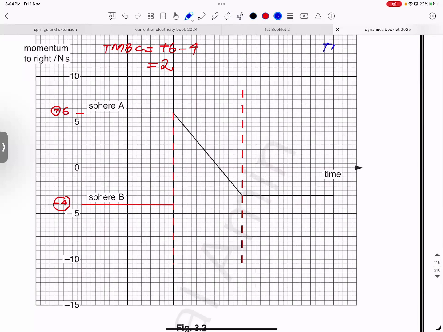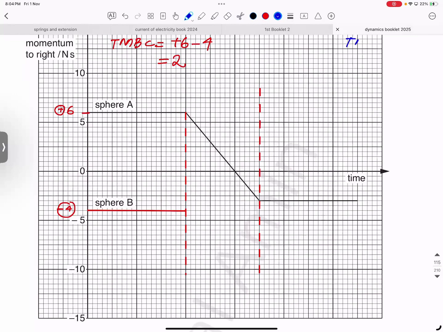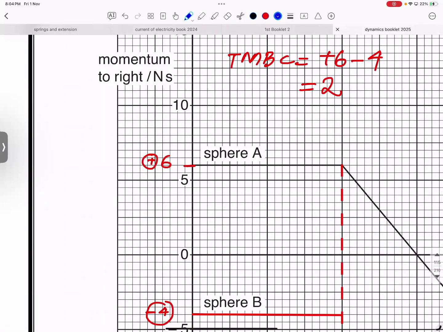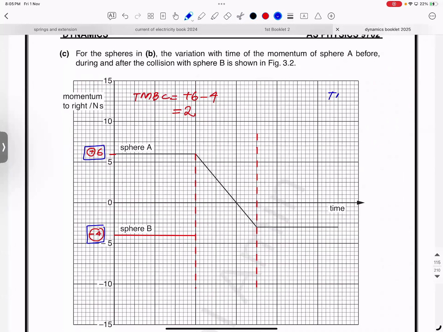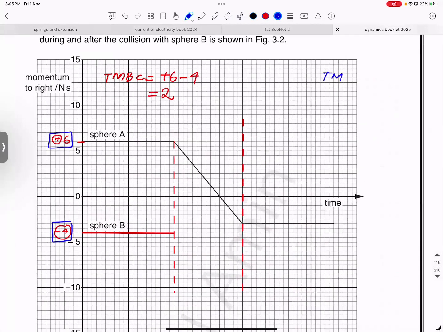Total momentum of A, you need to read on the graph. And for B is negative 4. What is their total? 6 plus negative 4, how much? Okay, after collision, the momentum of A, I don't know, plus momentum of B, I know. It should also be 2, my dear.